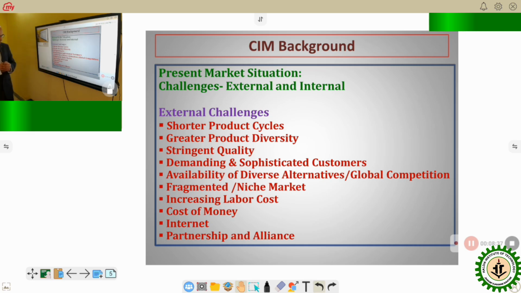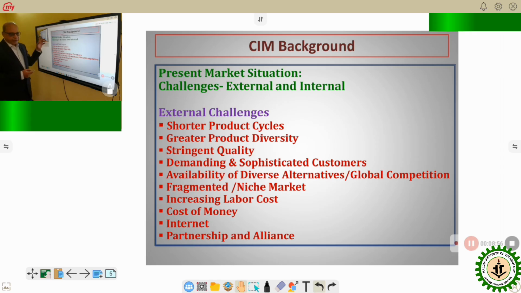Increasing labor cost. As automation increases, quick mobilization or abundant supply of labor becomes very difficult. That, in other words, enhances the labor cost. Cost of money.